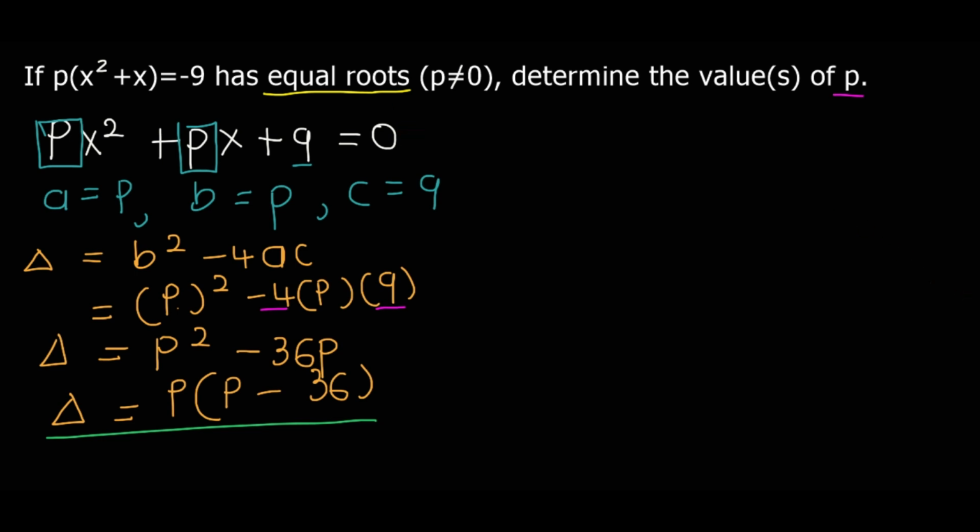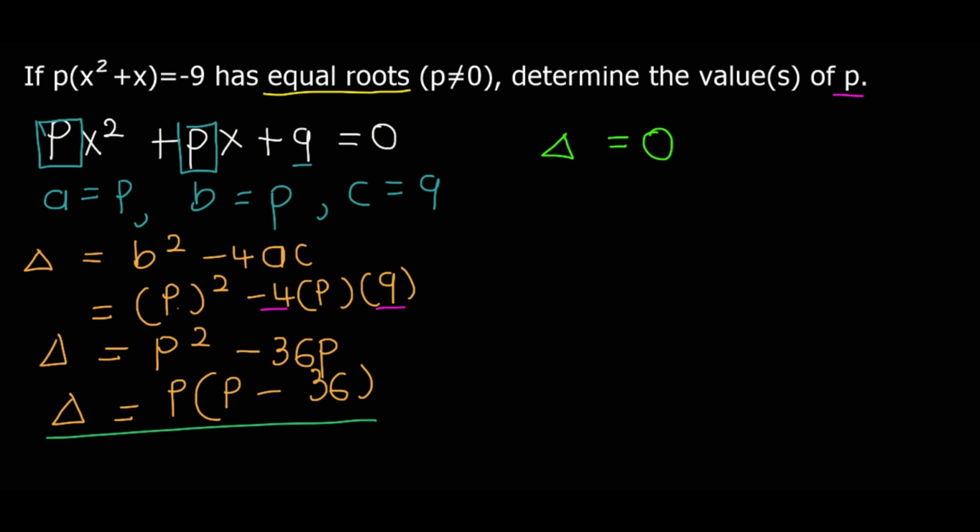We know that when we have equal roots, this is the only time the discriminant is equal to 0, because if you remember, if our discriminant is equal to 0, at some point we will have rational, real, and equal roots.